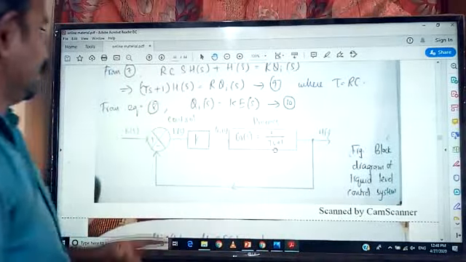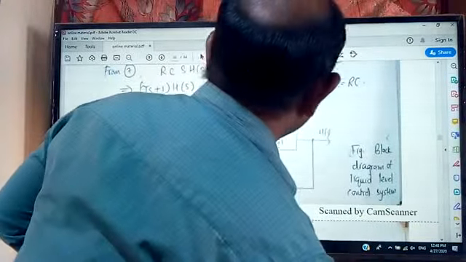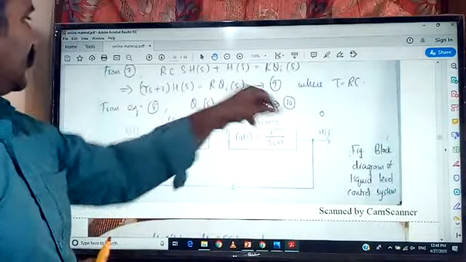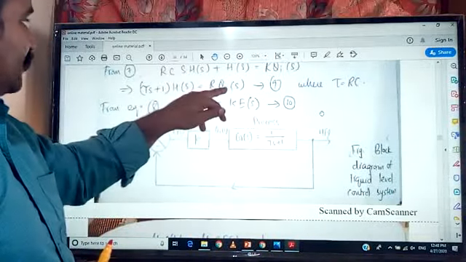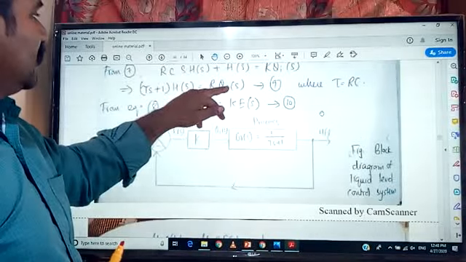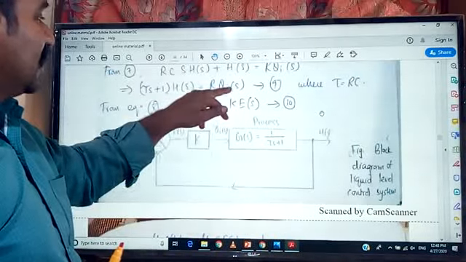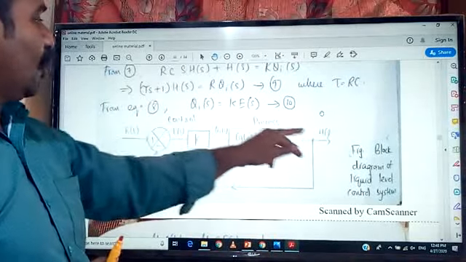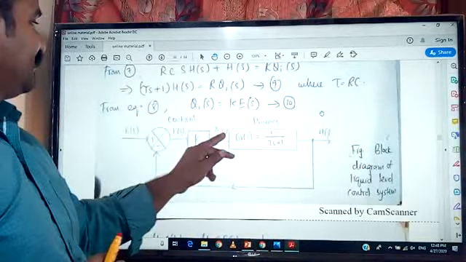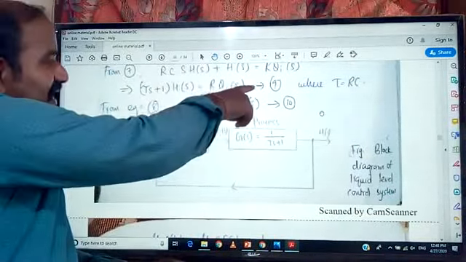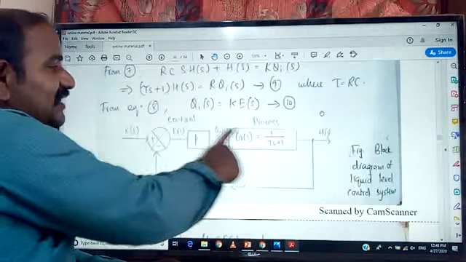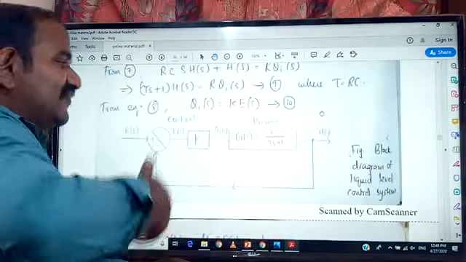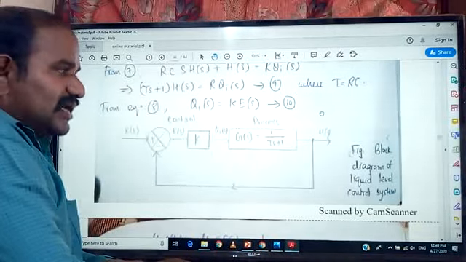Look at this. From equation number 9, Q is becoming the input to this system, and H of s is becoming the output. From equations 9 and 10, this is the equivalent closed loop control system block diagram for the given liquid level control system.